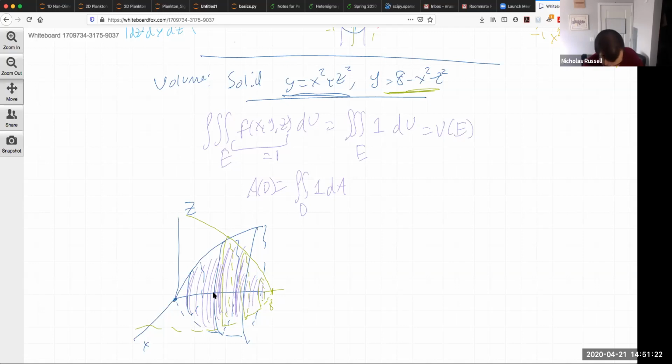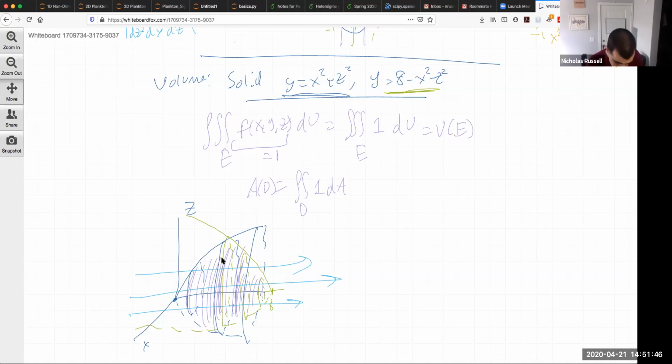If I do this with respect to y, I'm going through the region like this. Now, if I go through the region like this, would you agree then I'm always entering the region from this paraboloid, the paraboloid y equals x squared plus z squared, right? I'm entering from there, and I'm exiting from the green paraboloid. I'm exiting from the 8 minus x squared minus z squared.